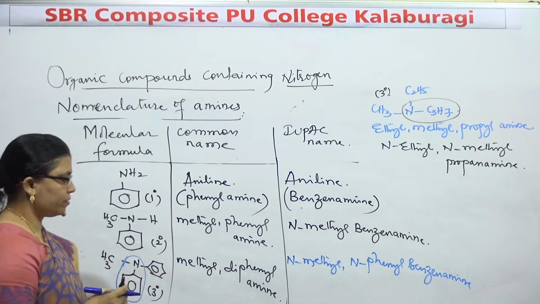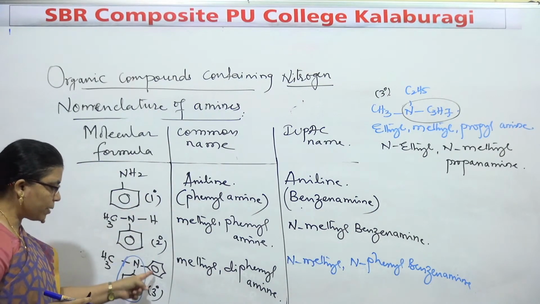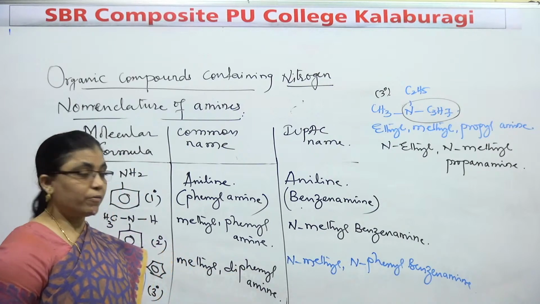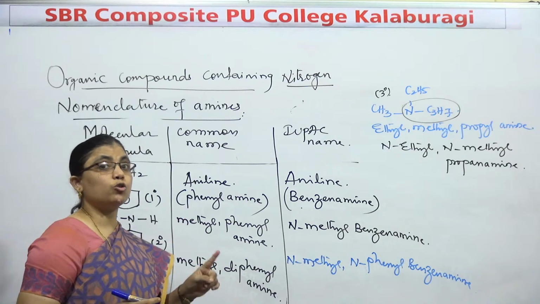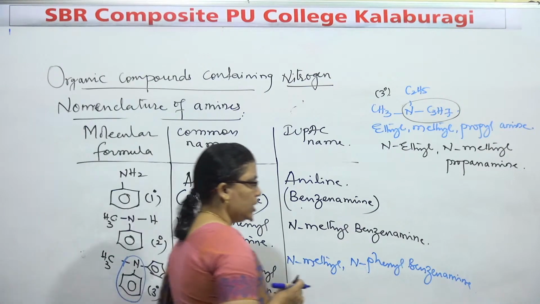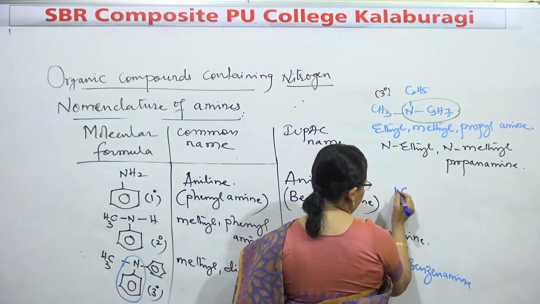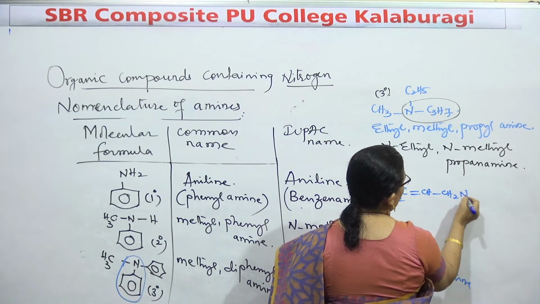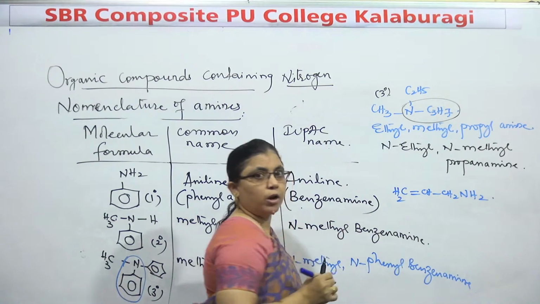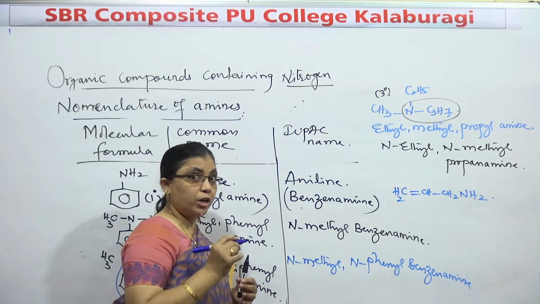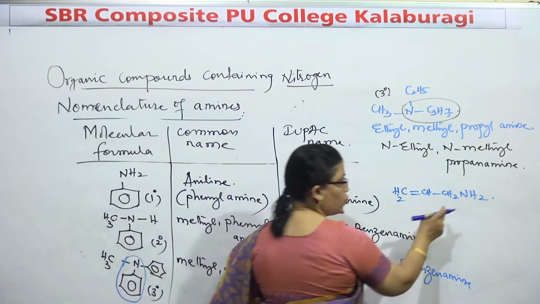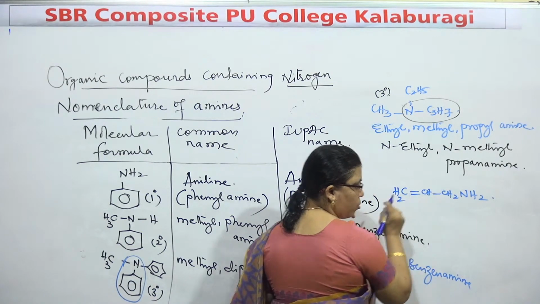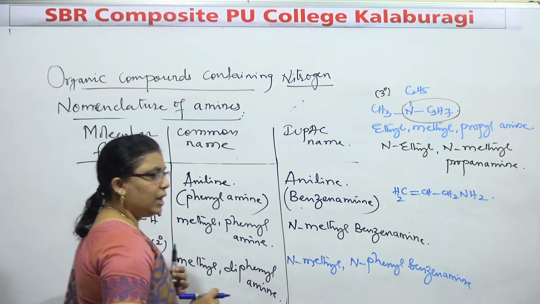Benzamine. So on the basis of the nature of primary, secondary, tertiary, we can name them. And remember one thing: whenever the amino group is linked to a carbon-carbon multiple bond, like the allylic carbon, CH2=CH-CH2-NH2, according to the common system, because the NH2 group is linked to an sp3 hybridized carbon which is next to sp2, according to the common system they are called allylic amine.